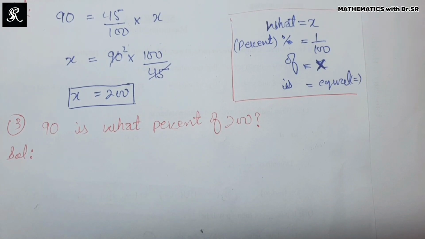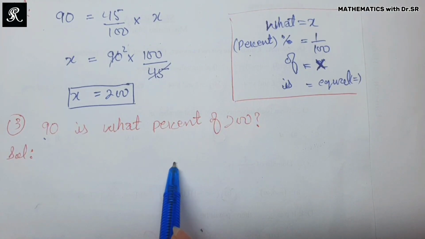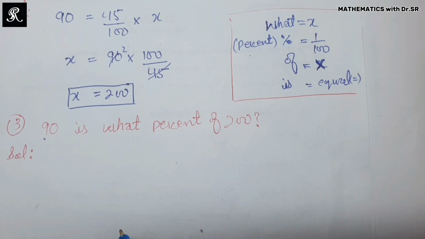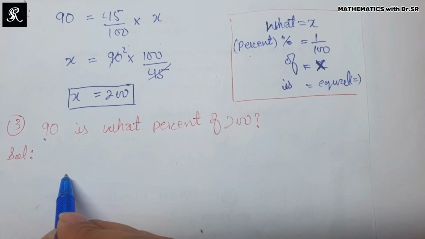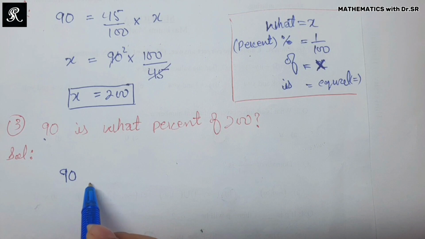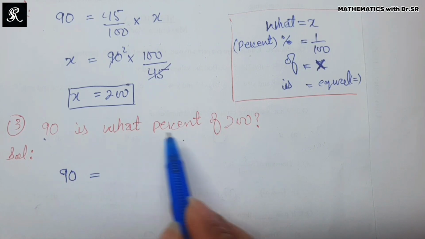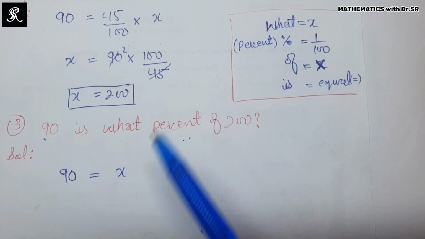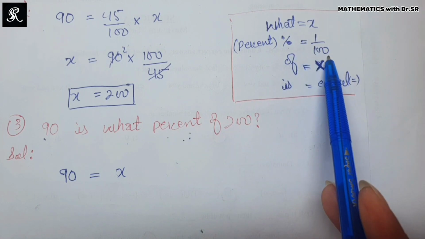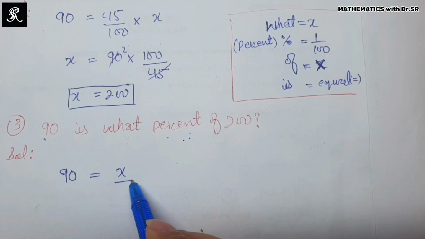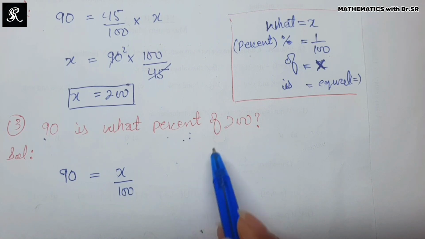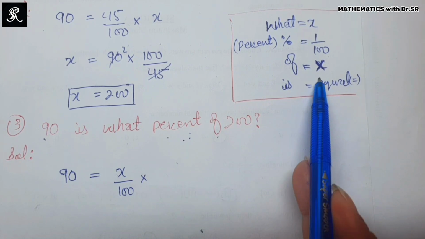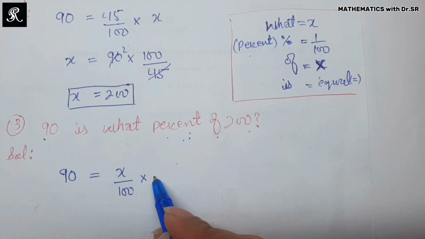Now here we have again, 90 is what percent of 200? So here, 90 is, with equal, what percent? So x for what and percent 1 upon 100. We can write it as x upon 100, of with multiplication, and 200 as it is.